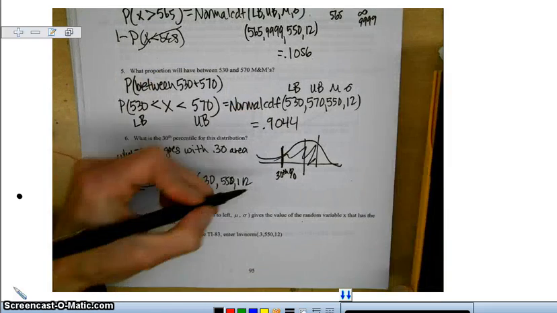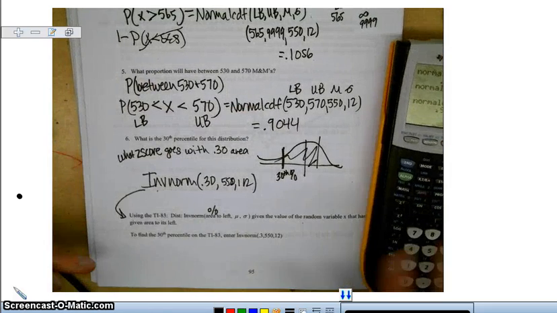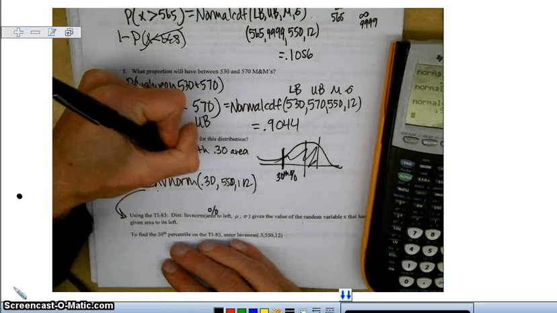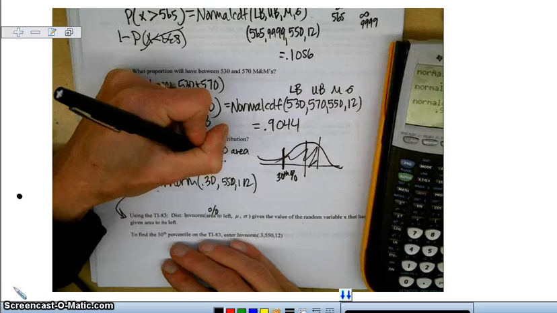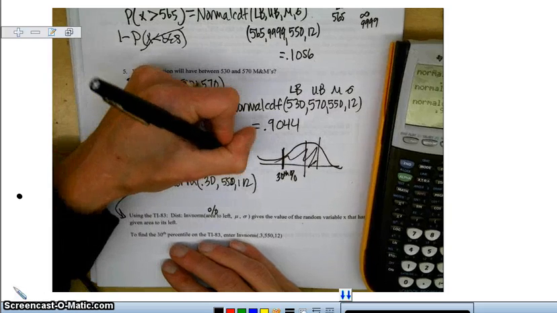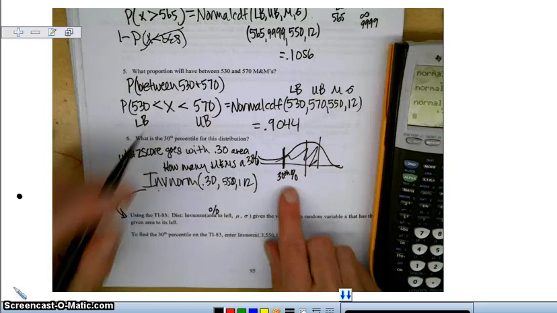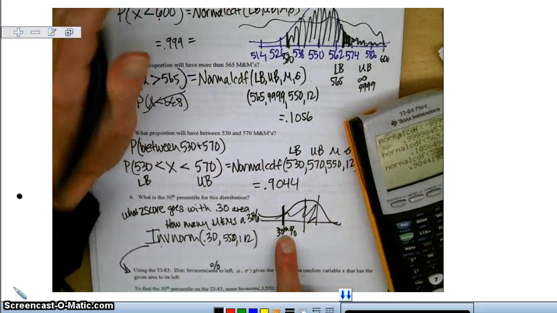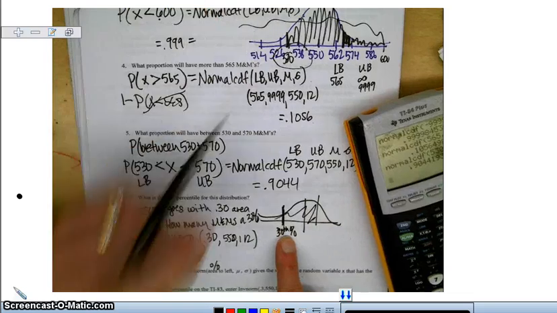So inverse norm finds how many M&Ms at the 30th percentile, 30%. So what would be the number down here at the bottom? If you go up and look up here, what would the number be that represents the 30th percentile?